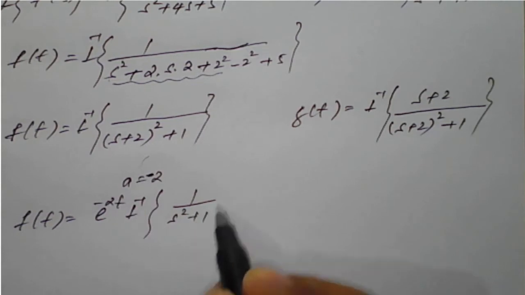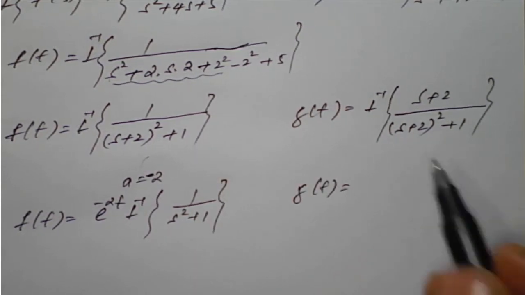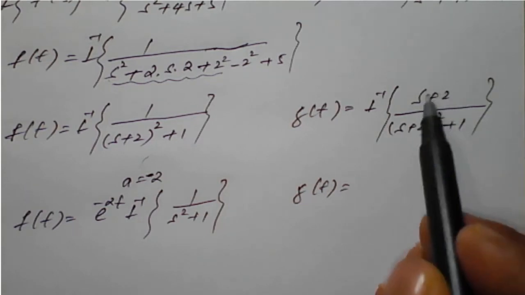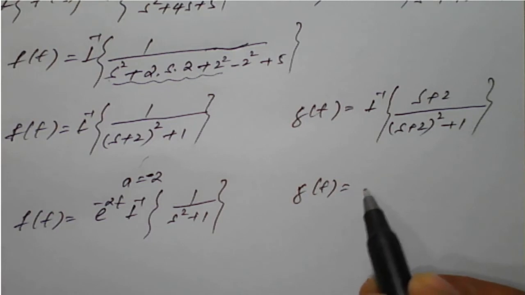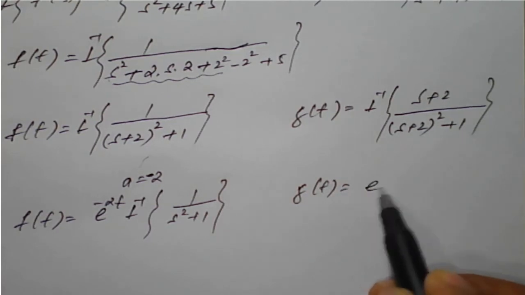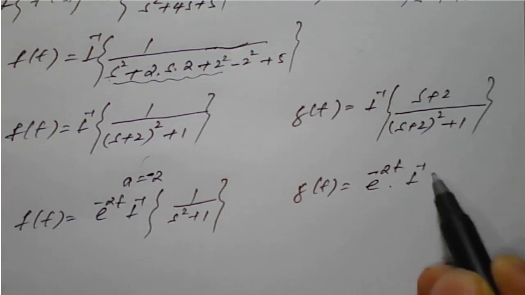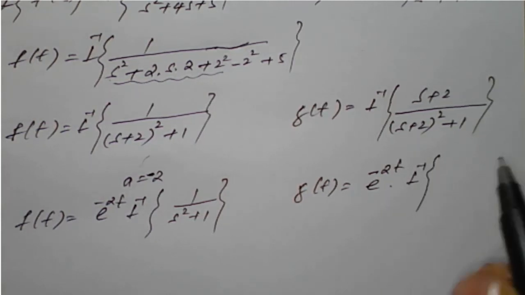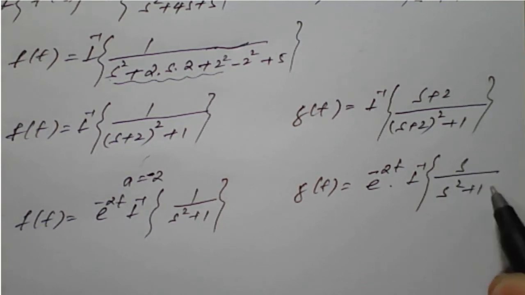Similarly in g(t), the numerator bracket (s + 2) needs no manipulation, so again a is −2, and it becomes e^(−2t) times inverse Laplace of s divided by s² + 1.